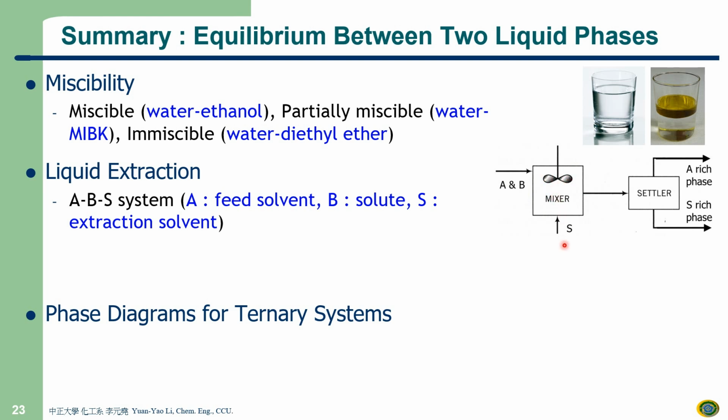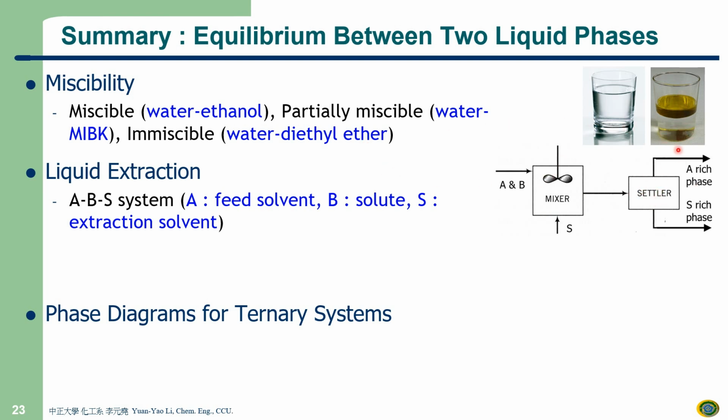After well mixing A, B and S, B will be miscible with S. Then we put this solution into a settler. Settler means that we pour all the liquid into it for a period of time, and it will become two phases.